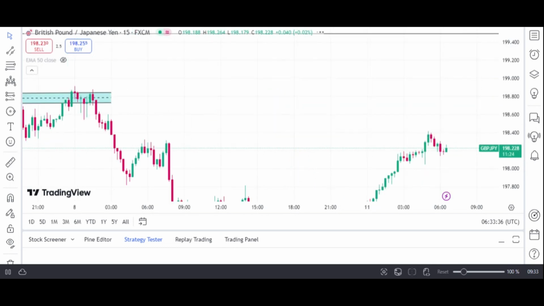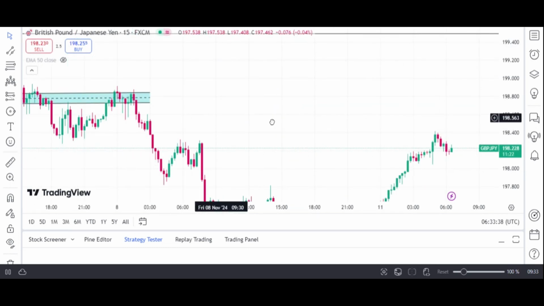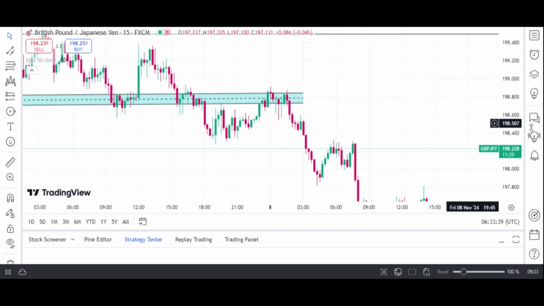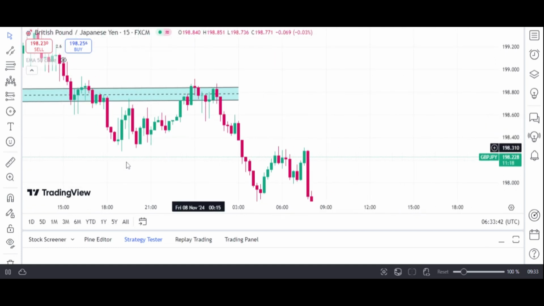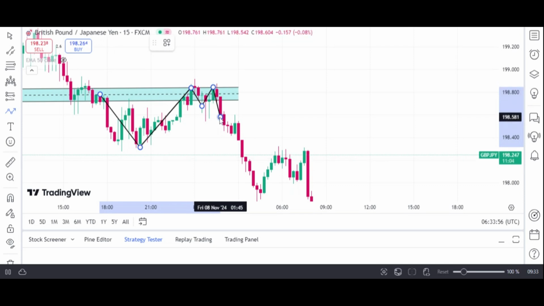Even if again you go to 15 minutes, it is still the same thing happening over and over again. Market coming down, retesting. This is 15 minutes. Market coming down, retesting. You can call this one another form of a double top. And we just want to see a very good red candle indicating that we want to enter the market.